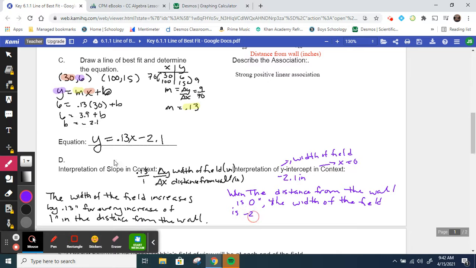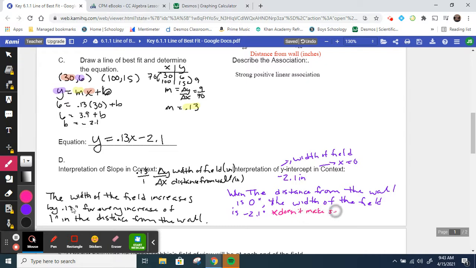is negative 2.1 inches. Now, in this case, that does not really make sense in this context, right? Obviously when you look through the hole, you can see something, but that has to do with our line maybe being a little bit off from our data. So in some cases, these will make sense in context, but in this one, it just doesn't.